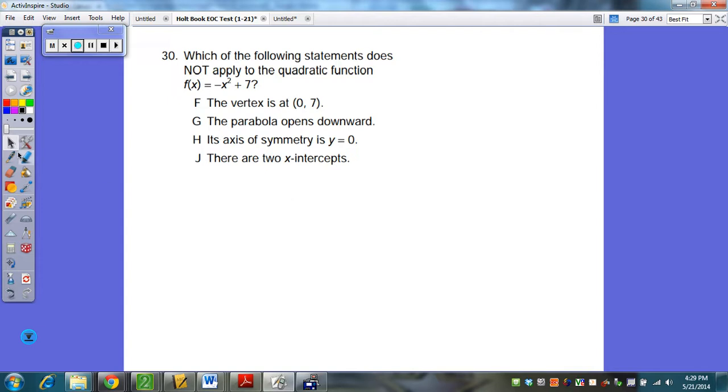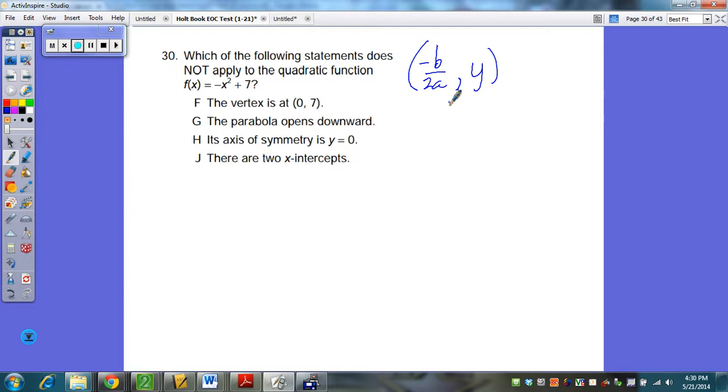Which of the following statements does not apply to a quadratic function? The vertex is at 0, 7. Okay, well again, vertex is negative b over 2a, and then when I plug it back in, whatever that y value is.